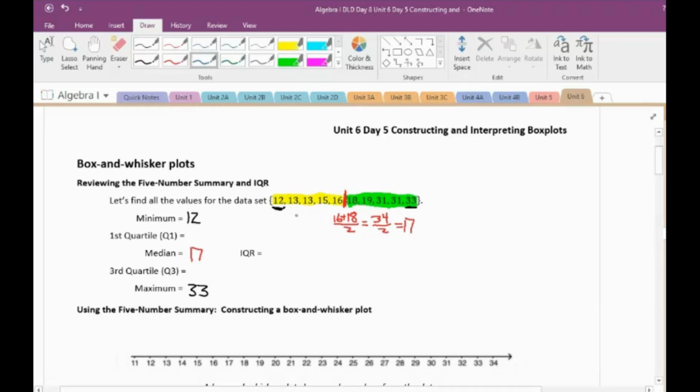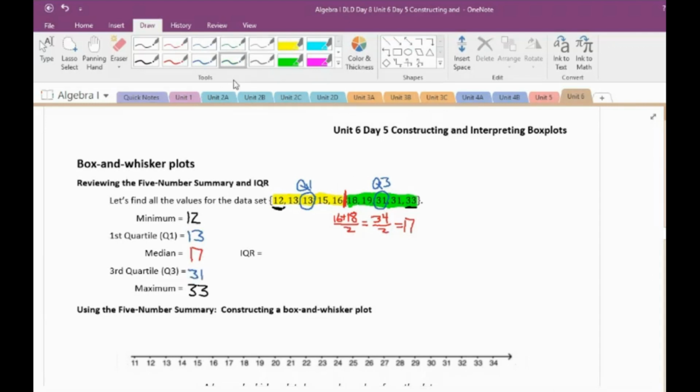Since there's an odd number, there is a value right in the middle. So right here, that is our first quartile, 13. And then notice right here, there's 5 values as well. The middle value here is 31. That's our third quartile, Q3. So I'm going to put that here, 31.